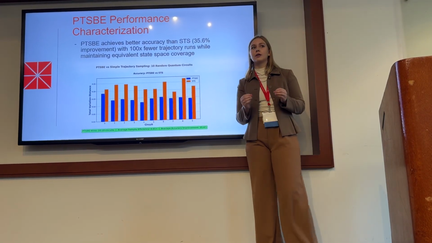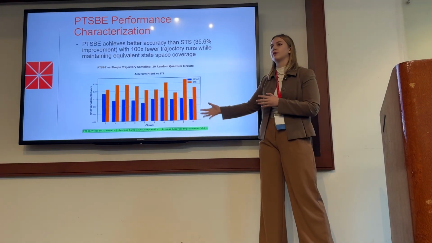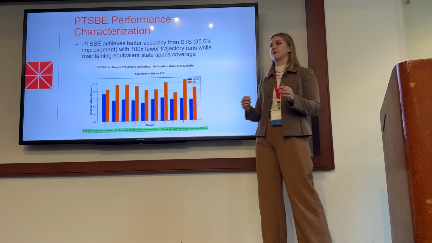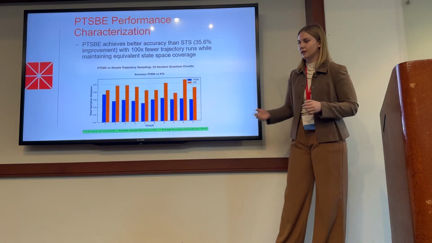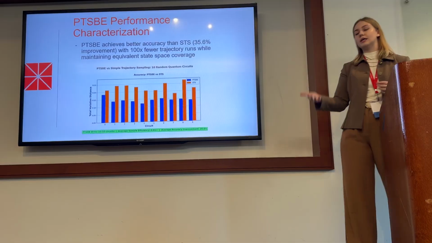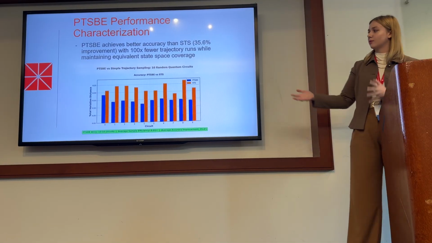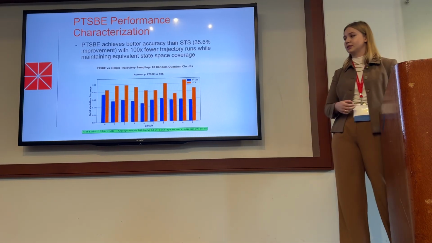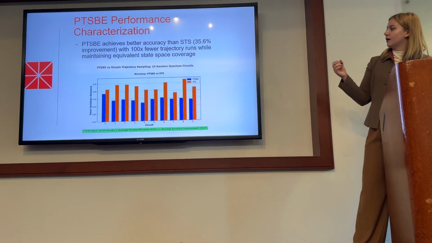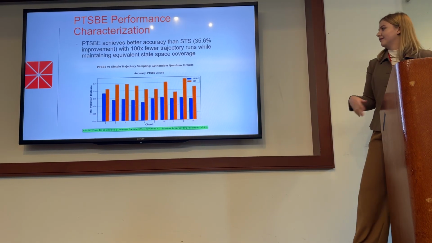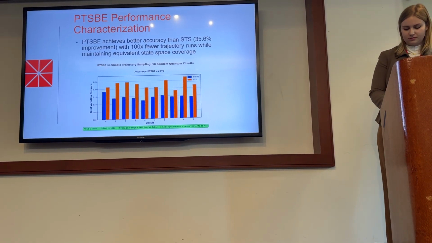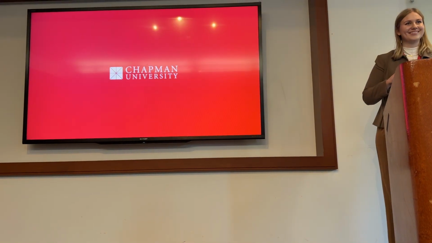This means that we are getting better, more accurate results with 100 times fewer trajectories and circuit runs using this batch method. Essentially, this confirms that PTSBE's approach of using pre-sampling and batched execution results in much more efficient running than STS does, and it also provides far more accurate results. The end.